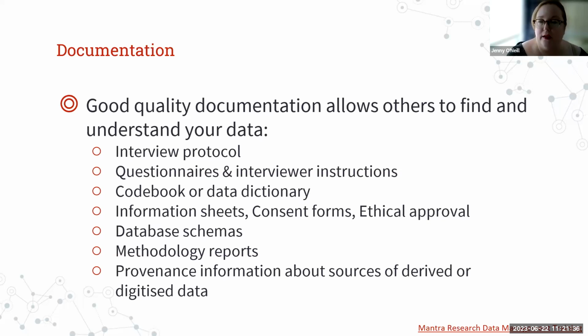And then if you're using any existing sources of data, for example, through ISSDA, to compare with your own data, you need to make sure that you're making the provenance information about those sources very clear. So where did you access the data from, and how can somebody else access it?